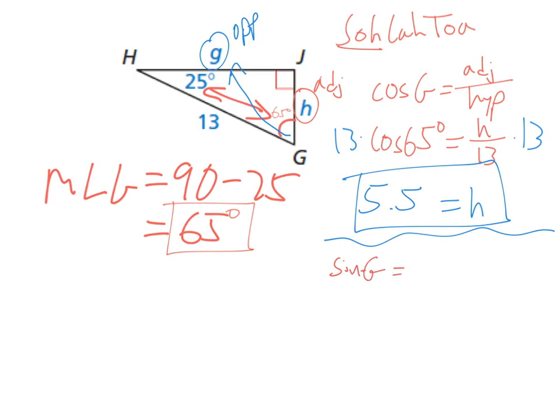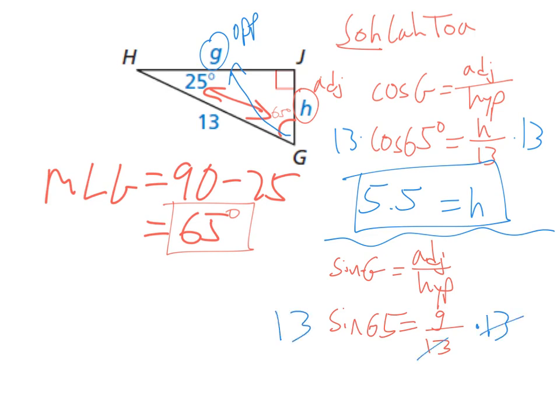Sine of angle G is little g over the hypotenuse, 13. So sine of G, which we know, 65, is g over 13. Let's finish it off by multiplying by 13, because we want to get rid of that. And 13 times the sine of 65 gives us 11.8. So g is 11.8, and we are done.